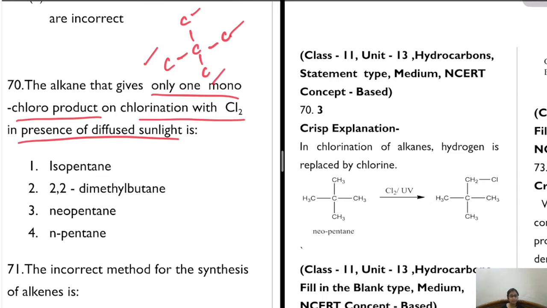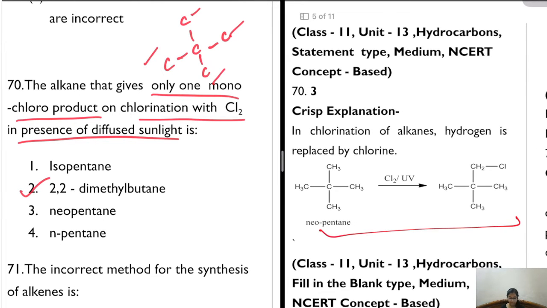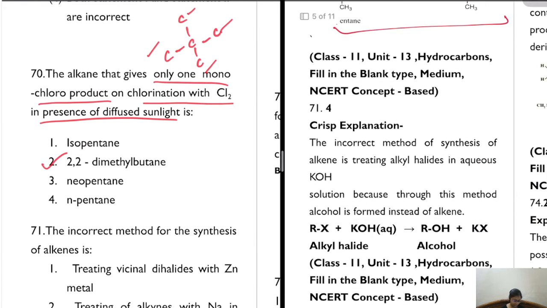The answer would be the same. What is this? This is 2,2-dimethylbutane. So you can see this is the reaction. We can add chlorine on any carbon. But please don't add chlorine here. It is not possible. It is already sp3 hybridized. Now let's see the next question.